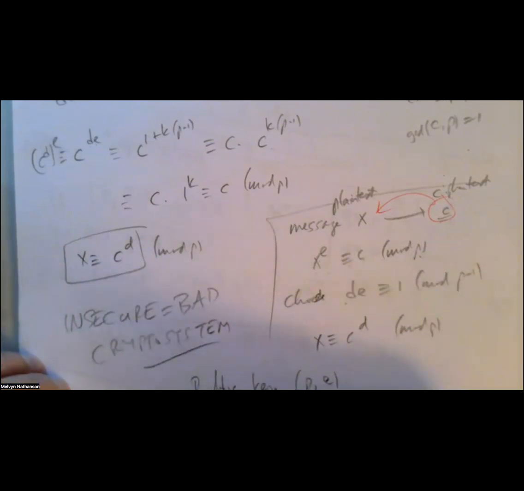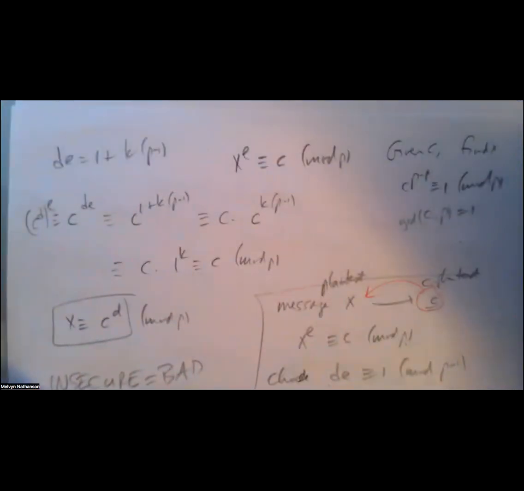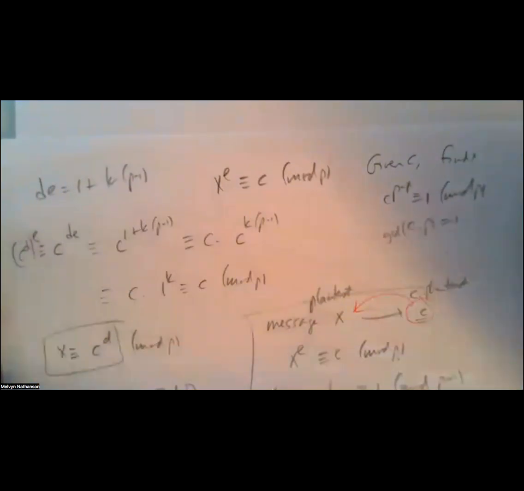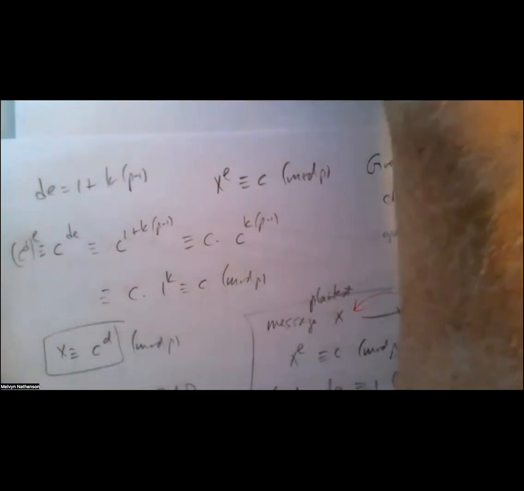And from this you can encrypt, but anyone could decrypt. So this is an insecure, bad crypto system. And the very simple, clever modification of this gives you the RSA crypto system, which is secure.